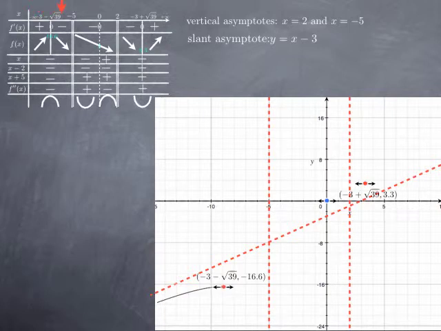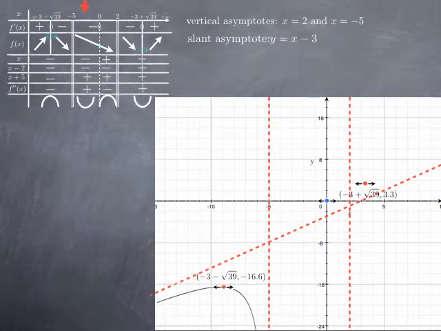Then, in the second interval from negative 3 minus root 39 to negative 5, the function is still concave down, but now is decreasing. And x equals negative 5 is a vertical asymptote, so I get this type of behavior, where the graph of the function is going to approach the vertical asymptote. It is concave down, decreasing.